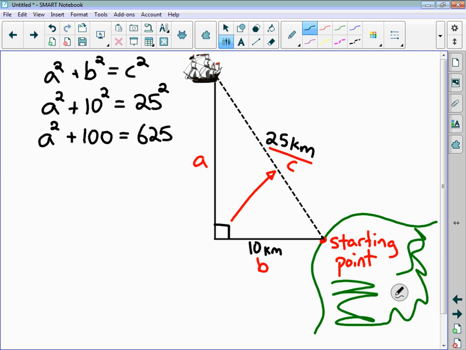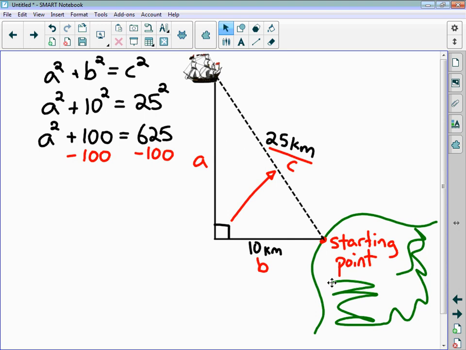Well, you can probably do this in your head, but if we're going to use the proper steps, we would say, well, on the left side, we could minus 100. And whenever we do the left side, we have to do the right side of the equation. So we'd minus 100 here. So our new equation would be a squared plus 0, 100 minus 100, so those cancel out. So we get a squared is equal to 625 minus 100, which is 525.